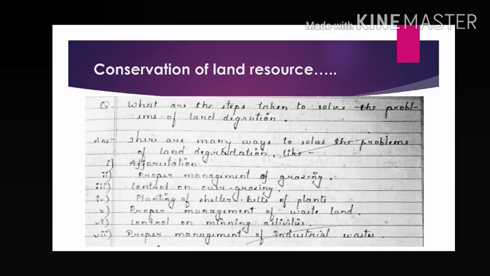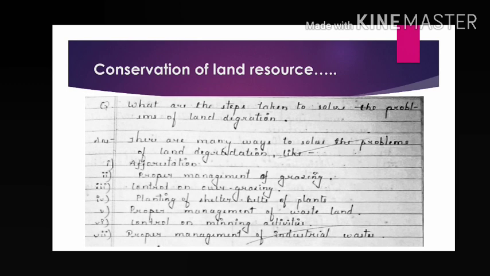And fourth number, planting of shelter belts of plants. This method is mainly followed in desert or arid regions. In a shelter belt, around an agricultural land, we plant some trees or plants around the boundary, and these trees restrict the movement of the wind.